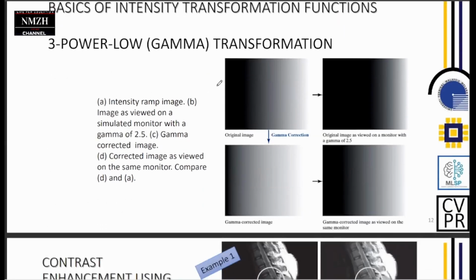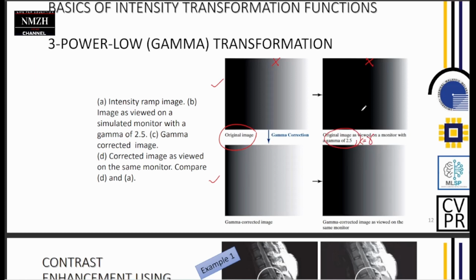So we take a look here. This image and that image are the original and the corrected. This one and this one are basically viewed on the same monitor. This is the original image, and this one has gamma 2.5, so the intensity has been changed.